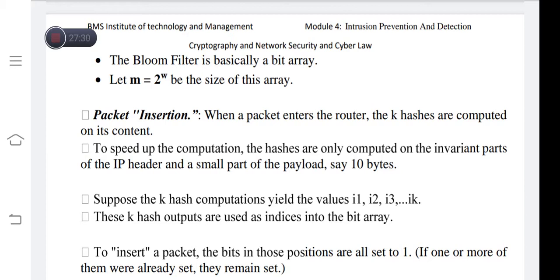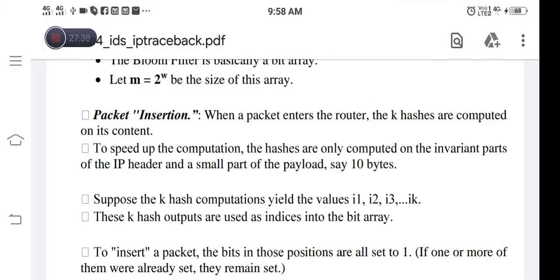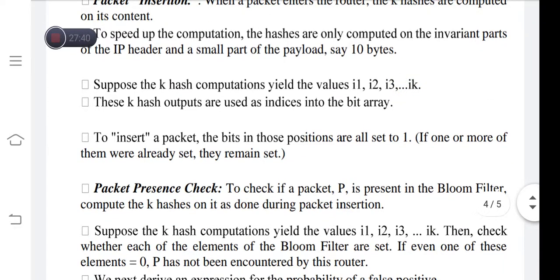That is, the hashes are only computed on the invariant parts of the IP header, which is about 10 bytes. So now let us assume the k hash computations yield the values I1, I2, I3, etc.